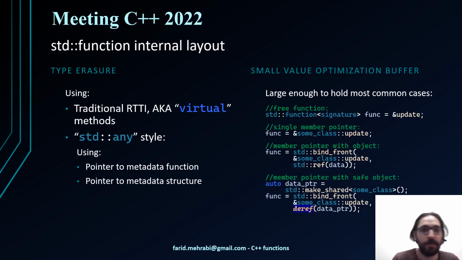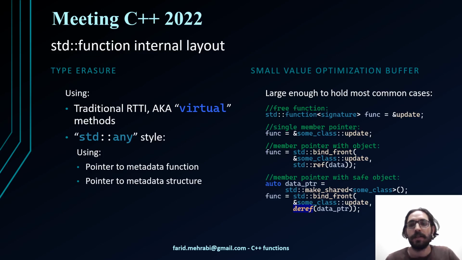Again, type erasure without RTTI can be achieved through two strategies. We can store a pointer to a metadata function or store a pointer to a metadata structure, whichever is more efficient on our platform or uses less memory.